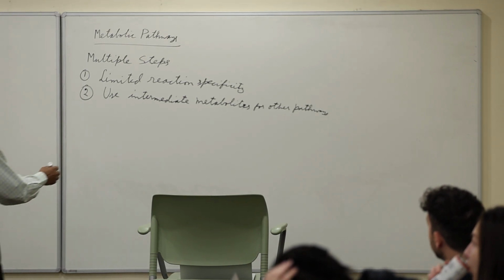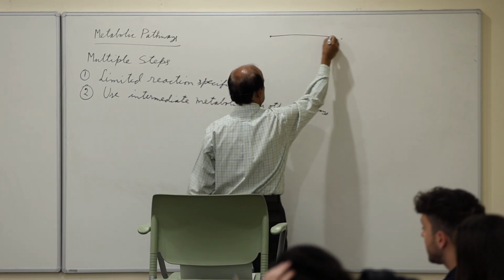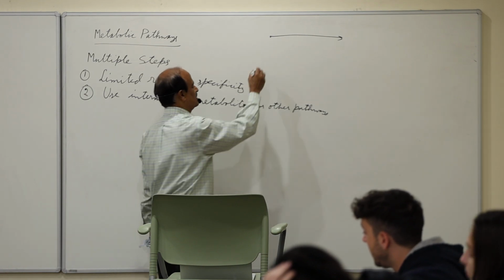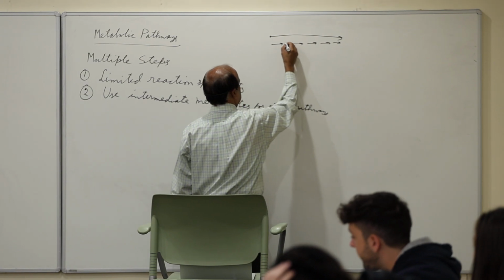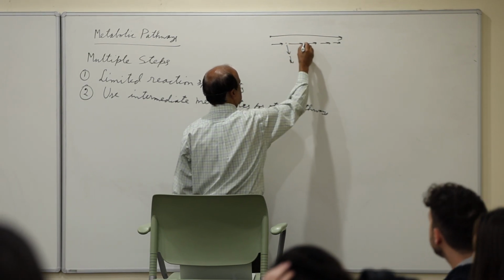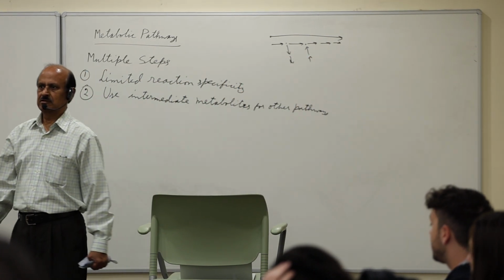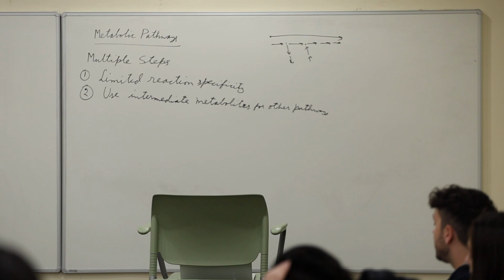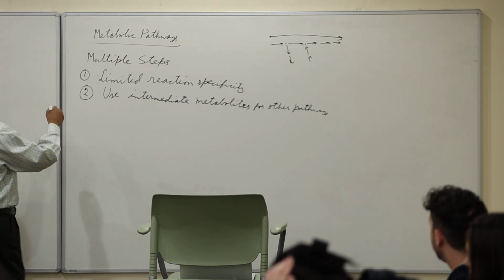If you have a pathway going from one molecule to another in one step, there is nothing in between. But if you have multiple steps, then this thing can be part of another pathway. This thing can also come from another pathway. So the pathways can be interconnected if you have multiple steps, and that's how all pathways are. Intermediates can be used for other pathways, and there can be other pathways that feed into one pathway. So that's another reason why you have multiple steps.